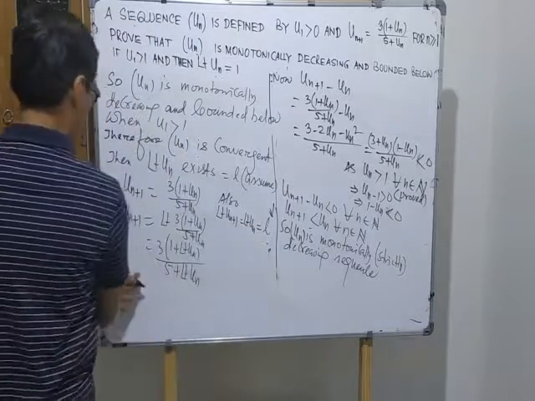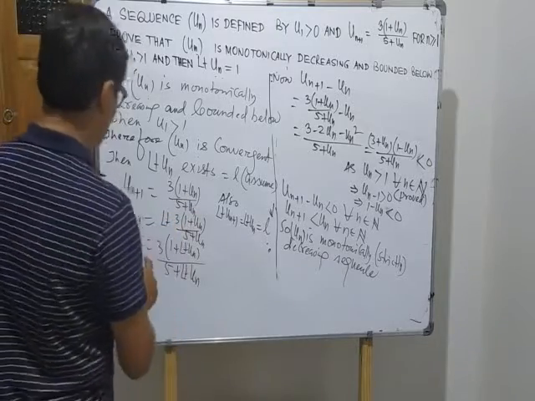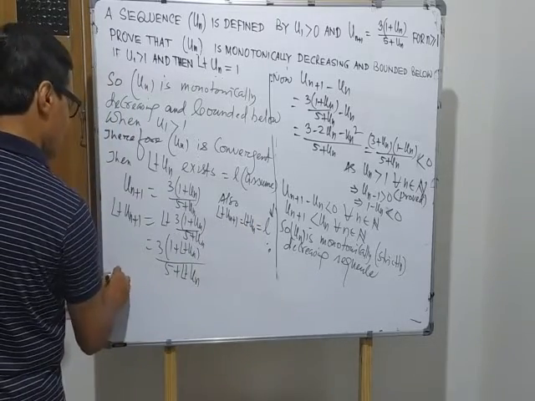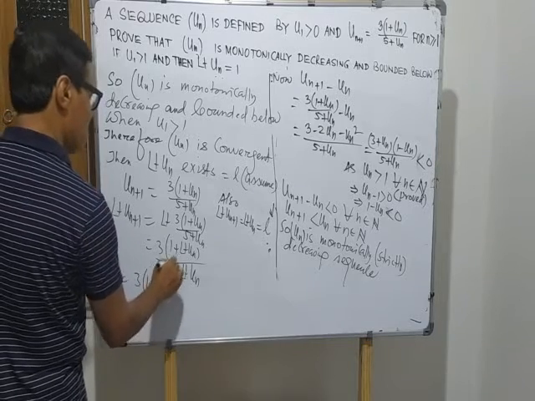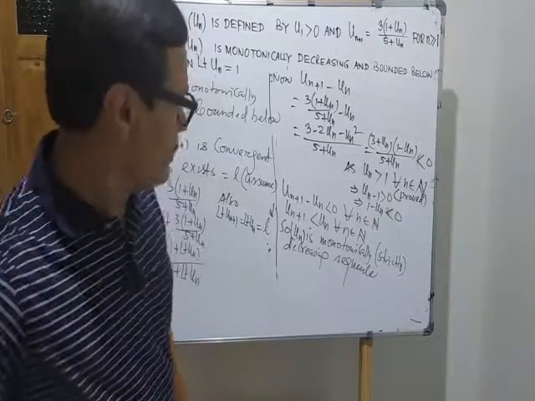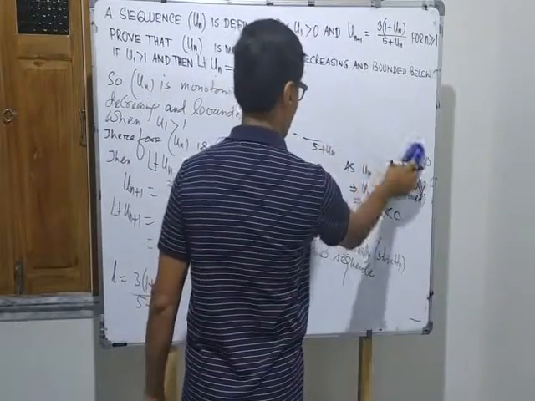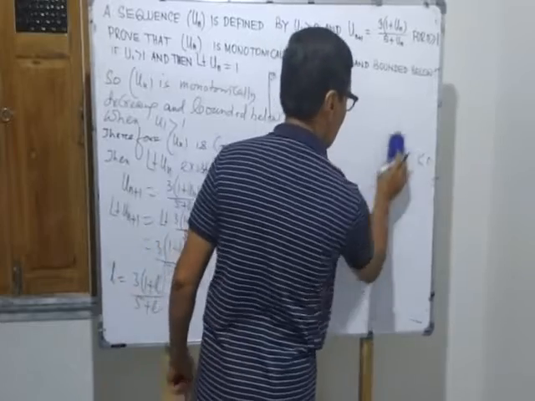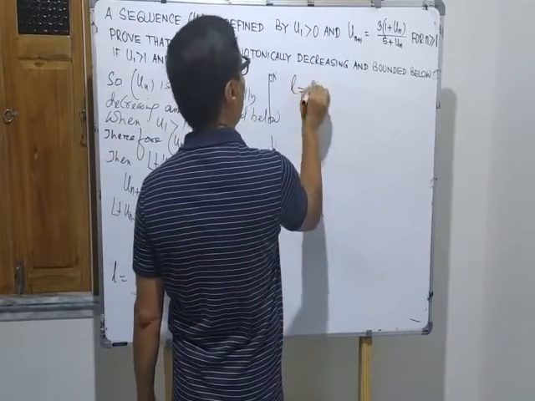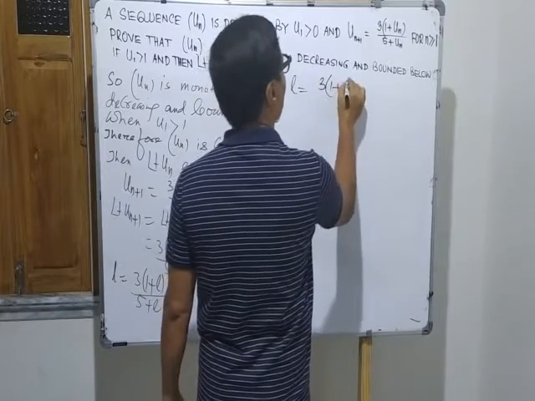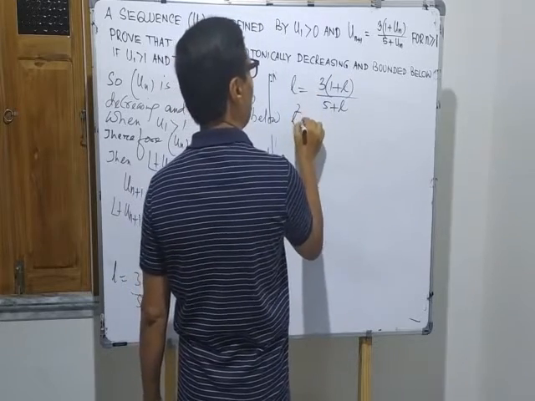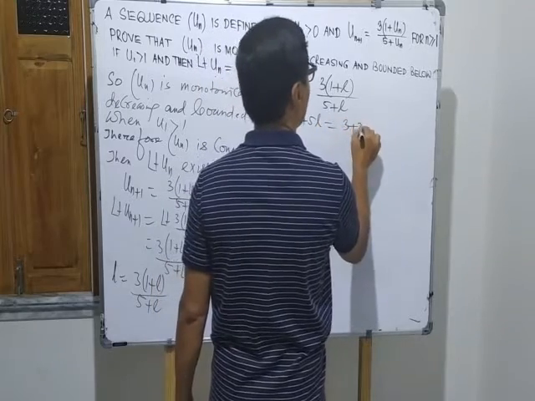Putting the limit in this relation, L equal to 3 into 1 plus L over 5 plus L, that is L square plus 5L equal to 3 plus 3L.